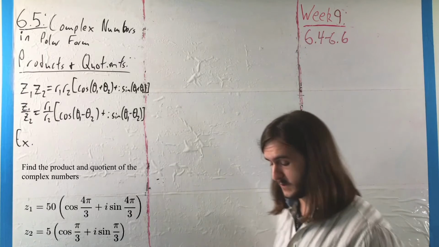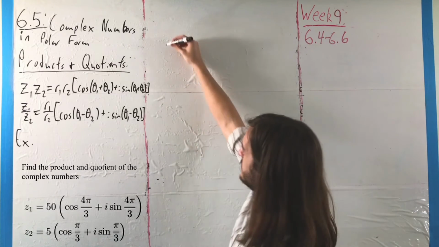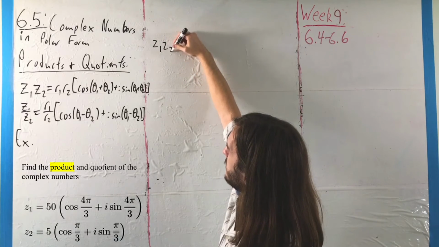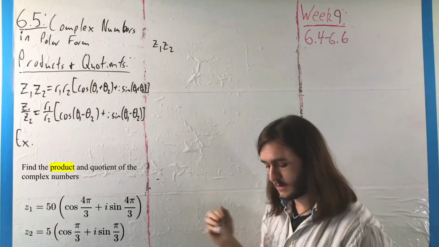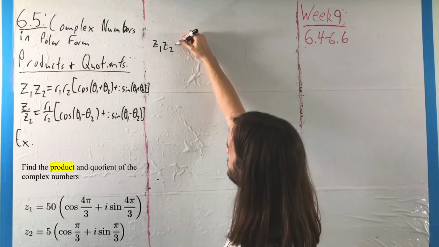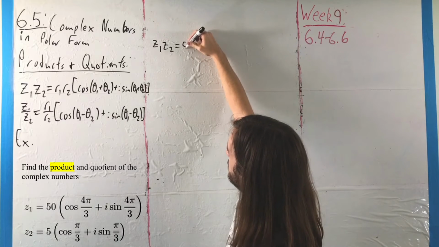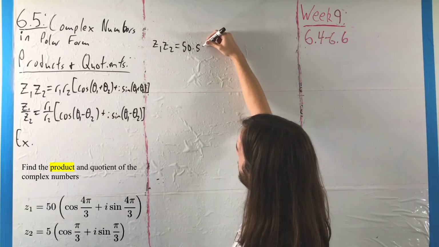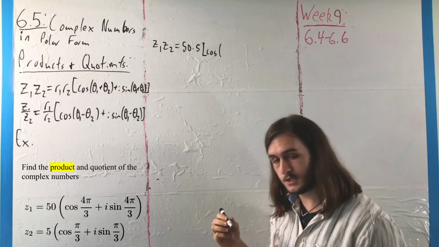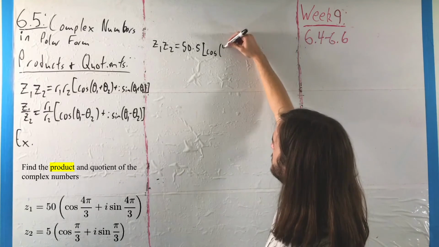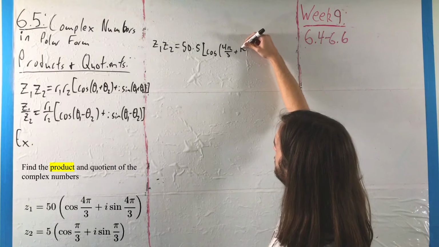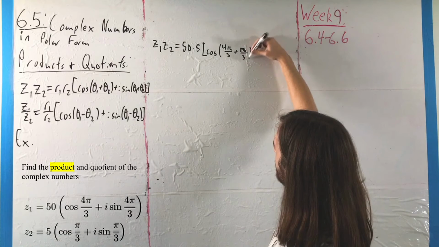So for the first case, the product, this is going to be a little long if we want to do it by hand, but thankfully we have this formula to help us out. We have r1 times r2, which would be 50 times 5, multiplied by cosine of theta 1 plus theta 2, where theta 1 is 4 pi over 3 and theta 2 is pi over 3.